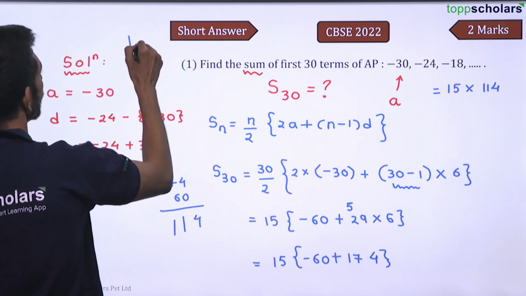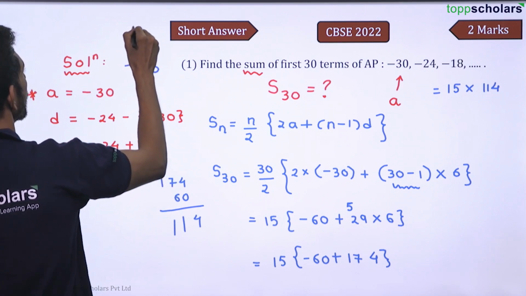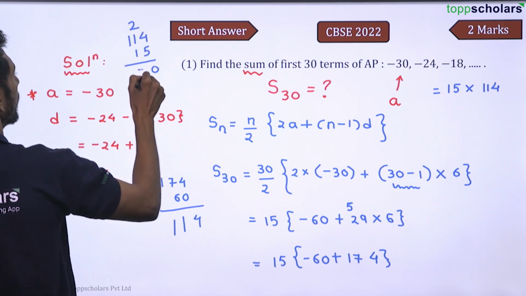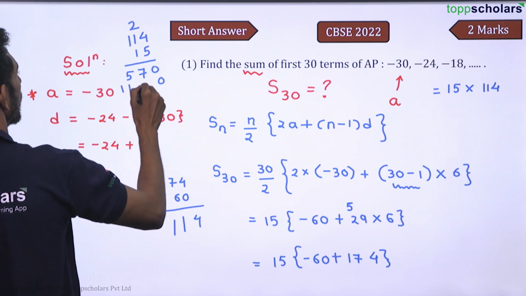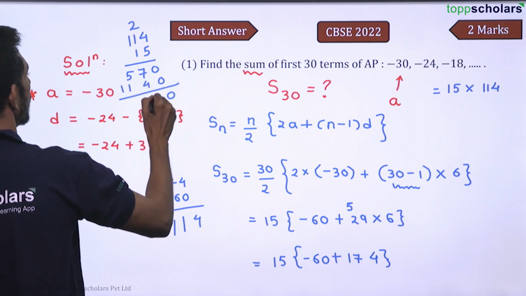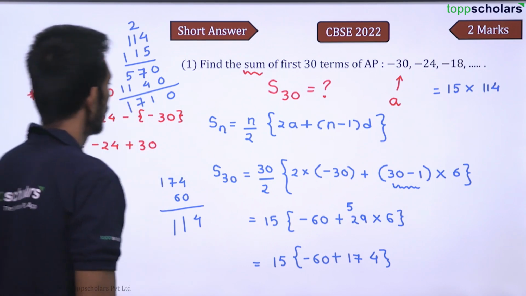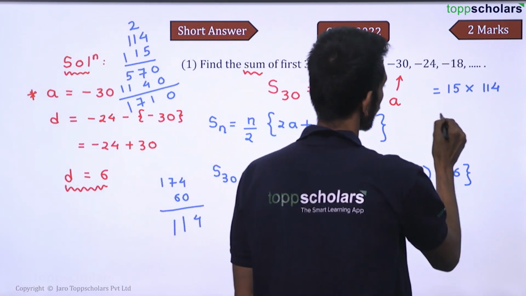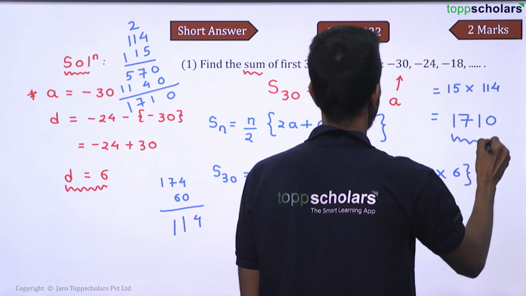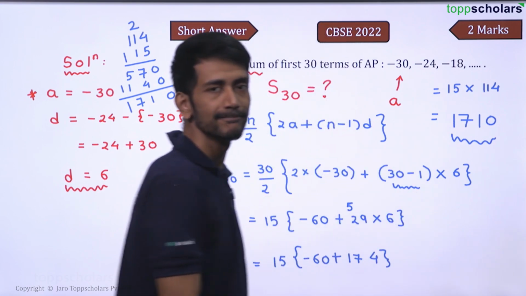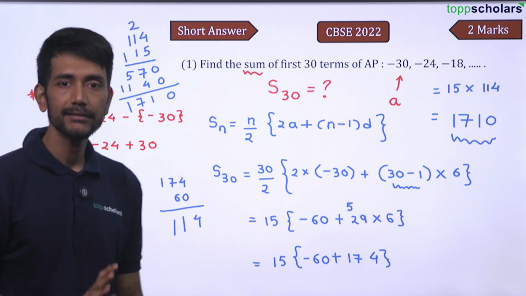Let's multiply 114 and 15. So we get 1710, right? 1710. That's it. So that is the sum of the first 30 terms of this particular AP. Clear, easy. Now let's continue.